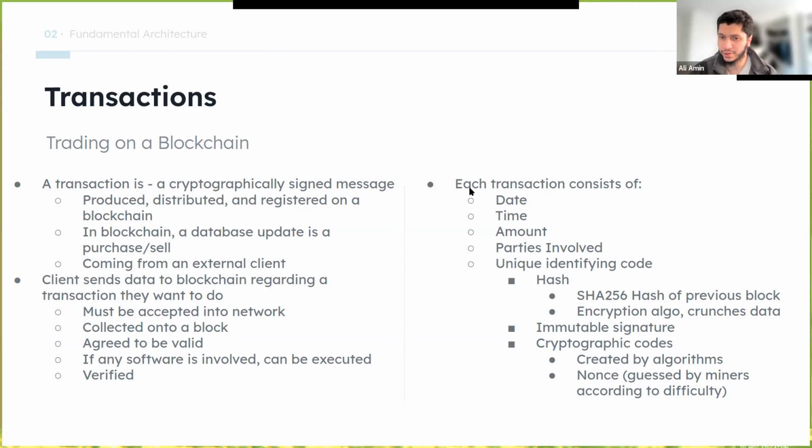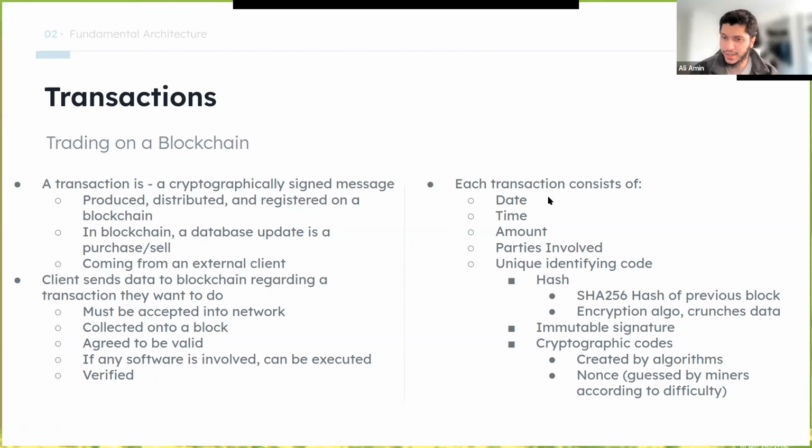But whoever is doing this, it is a kind of software they use, and they will get paid. So that is where the transaction fees will go. Yes, that's how it works in Bitcoin. In other blockchains, it works a little bit differently. But in Bitcoin, the miners do the accepting, collecting, validating, and verifying, and in return for that, there are transaction fees.